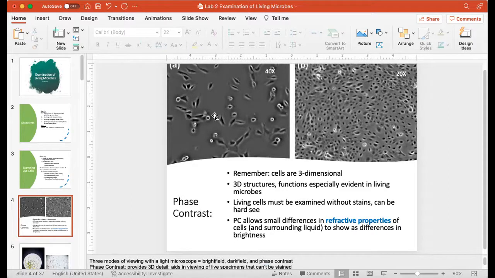And again, you can see this circle of white around some of these cells. In fact, if you look, all of these cells have a little bit of sort of shine around them. Can you see that? All of these cells have a little bit of white around the periphery. This is what I mean by phase contrast allowing us to see refractive properties. It helps us see the cell in three-dimensional detail.